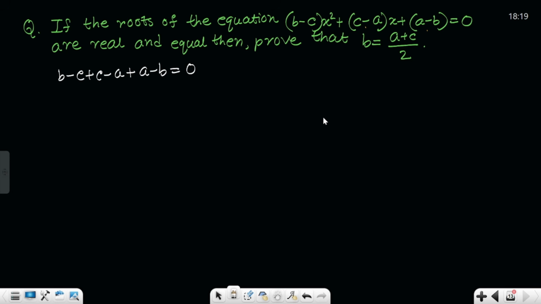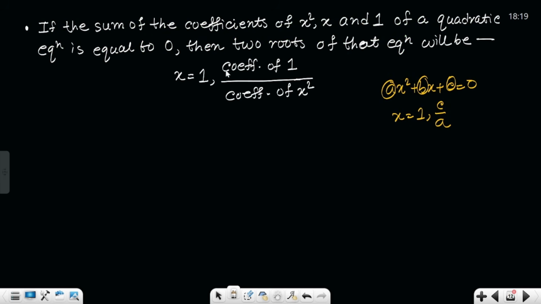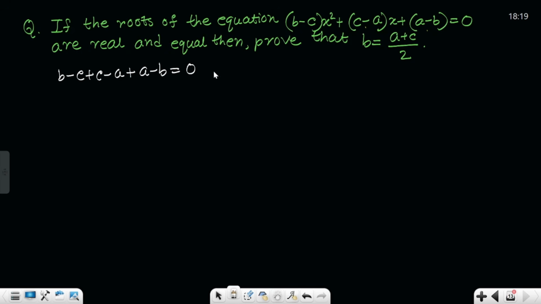So, if this is equal to 0, what did we learn? We learned that x will be equal to 1 and this. So, we will get the roots of the equation: x is equal to 1 and the coefficient of 1, which is a minus b, upon the coefficient of x square, which is b minus c, right? Now it is telling us that these are equal, so we will put 1 equal to a minus b upon b minus c, right?